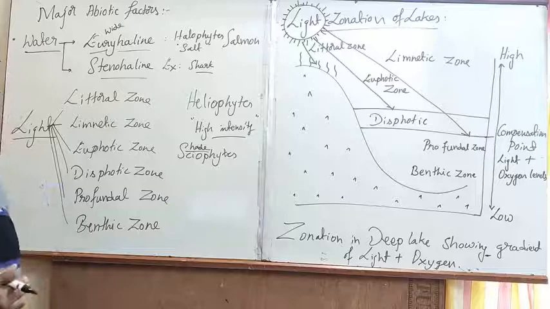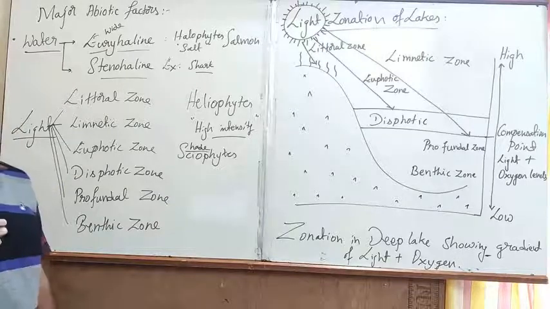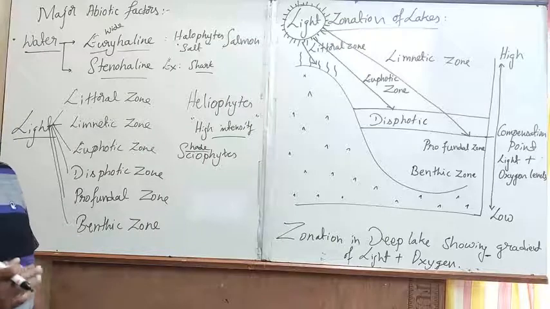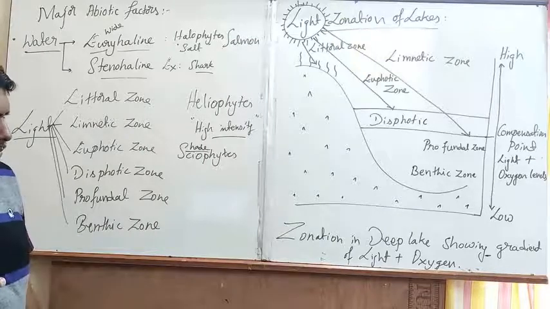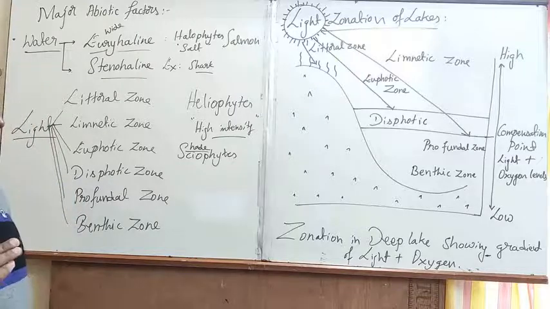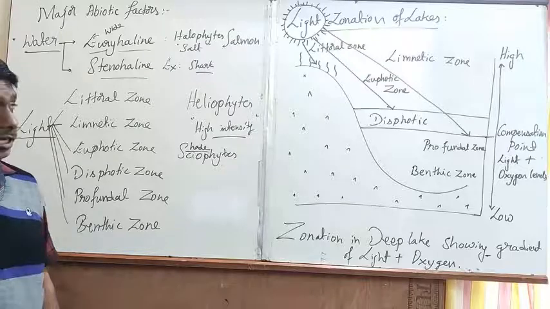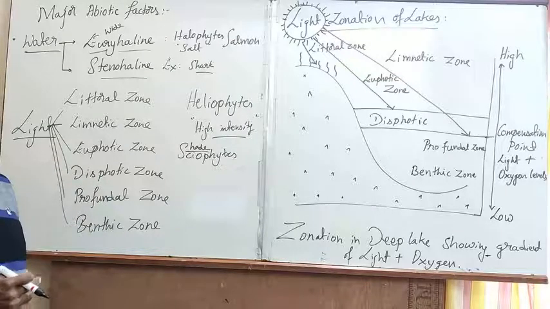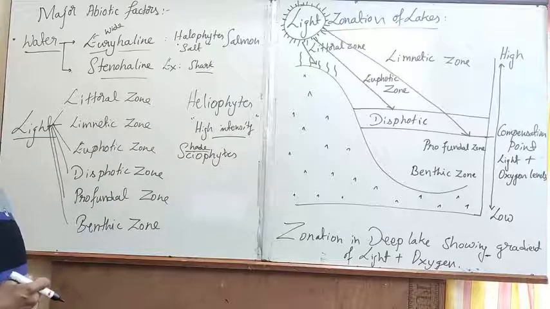If you observe the lake as one of the classical examples of an aquatic ecosystem, the compensation point of light and oxygen levels in the lake ecosystem is explained in the following diagram.